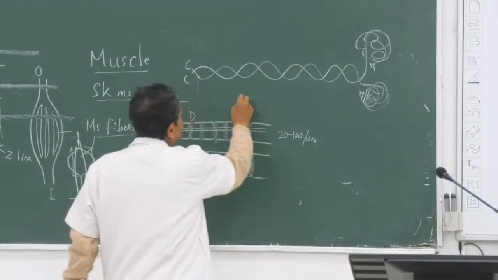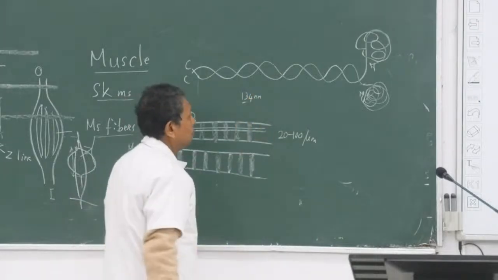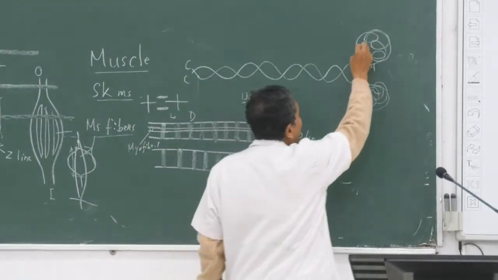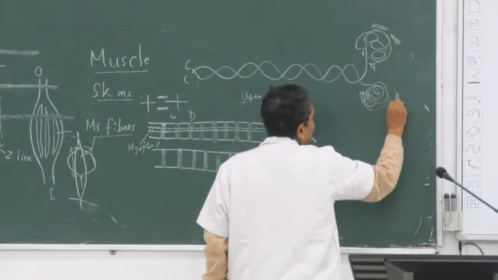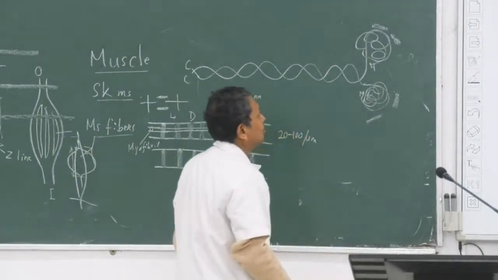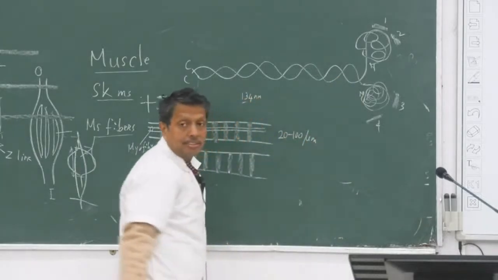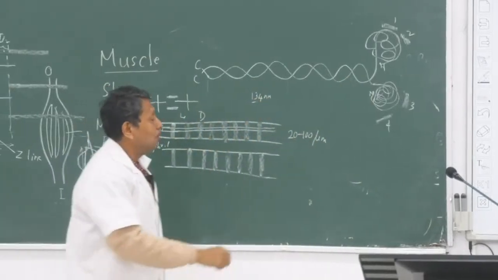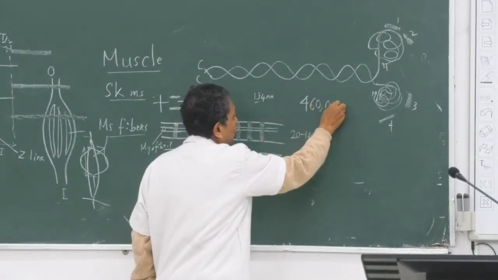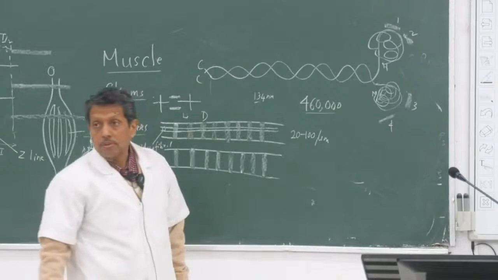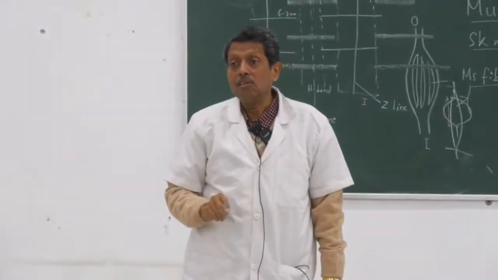And this length is 134 nanometer or so, whatever it may be. And there are two light chains on the head, 1, 2, 3, 4 light chains, and these are the heavy chains. Total molecular weight is 460,000. Now you can confirm these figures in your good text.